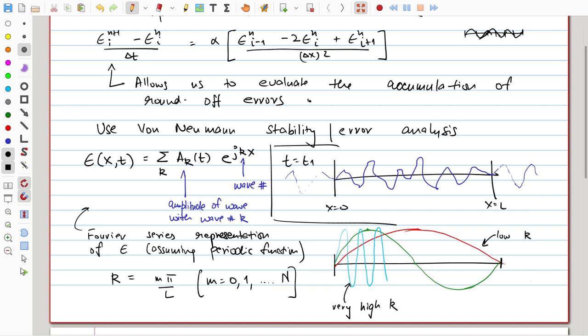If you draw it like this, anything beyond that we cannot resolve. So that's the largest frequency that we can capture.